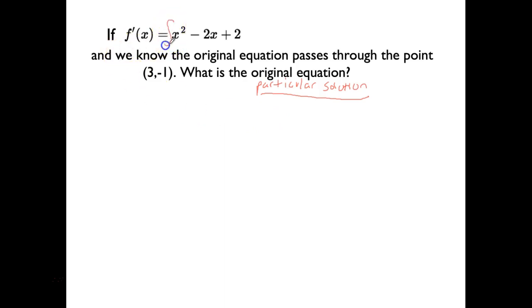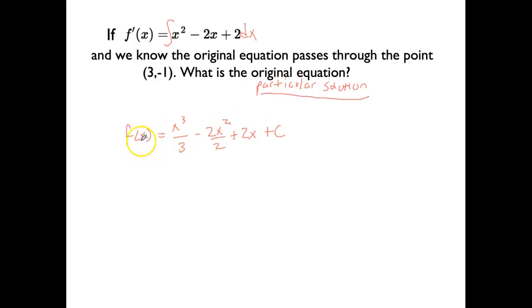So let's take the integral of this. Since the integral would give us our original function, right? That's going to give us the f of x form of it. Okay, term by term, x cubed over 3 minus 2x squared over 2 plus 2x plus c. Okay, that's the integral of that, right? The integral sign and the dx disappeared since I took the integral and the plus c went in its place.